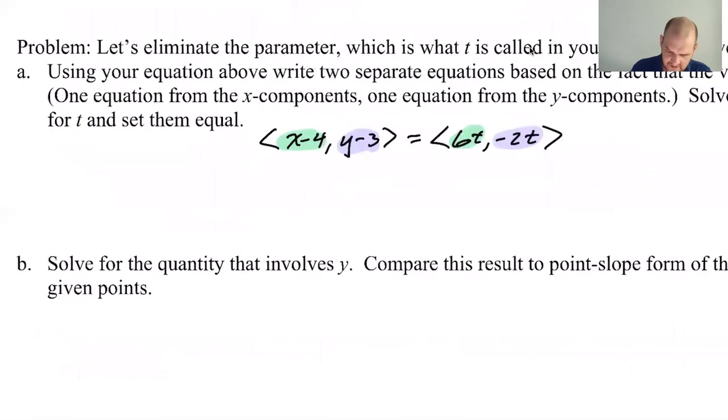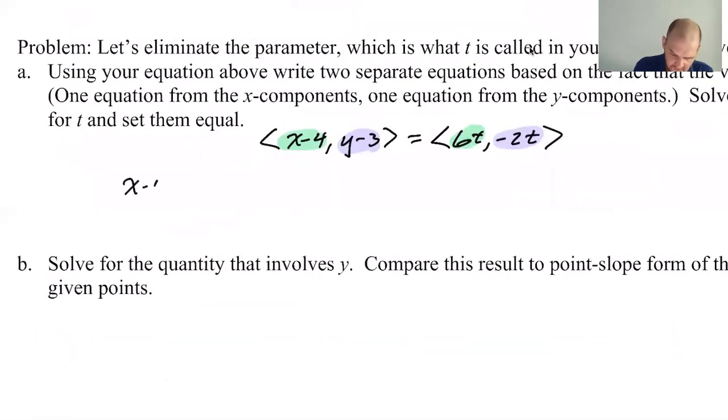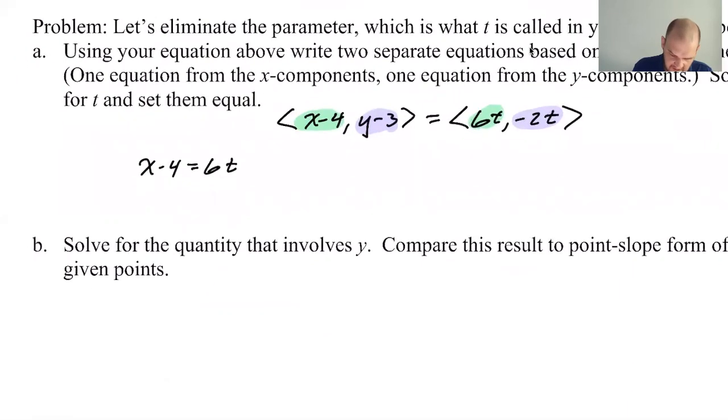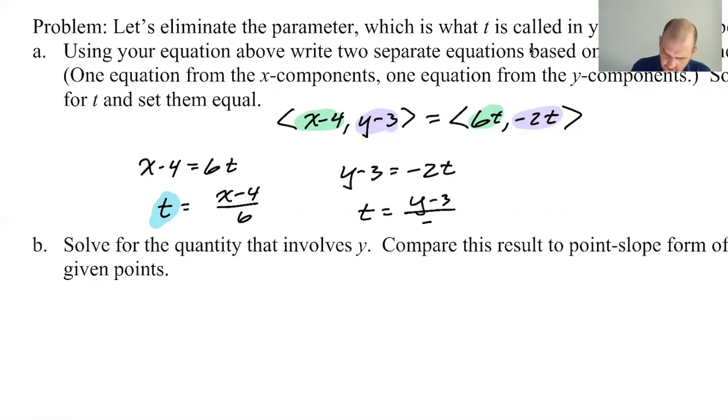So what I can do is say x - 4 equals 6t, which means that t is (x - 4) over 6. So that's one version of t. Also, I know that y - 3 equals -2t, which means t equals (y - 3) over -2. That's another version of t.